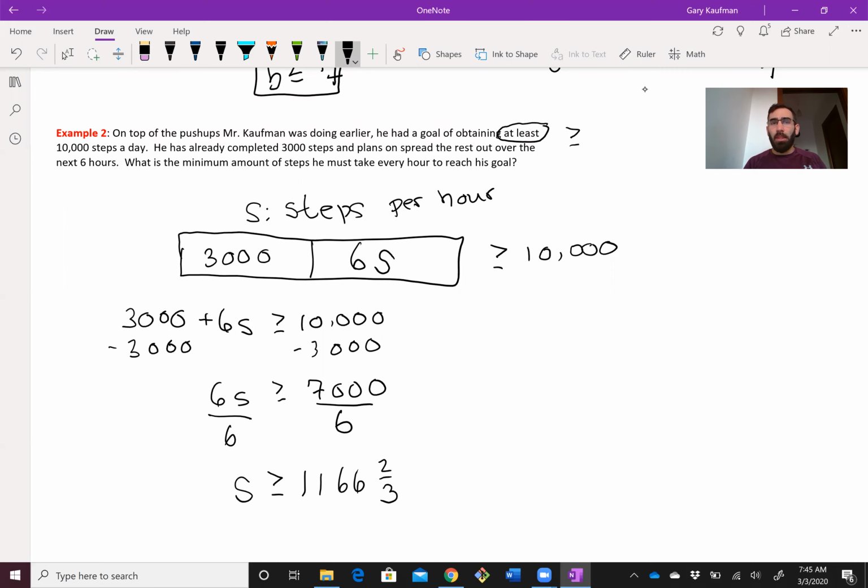Now, I have to take this into account. S represents steps. I can't take 2/3 of a step.